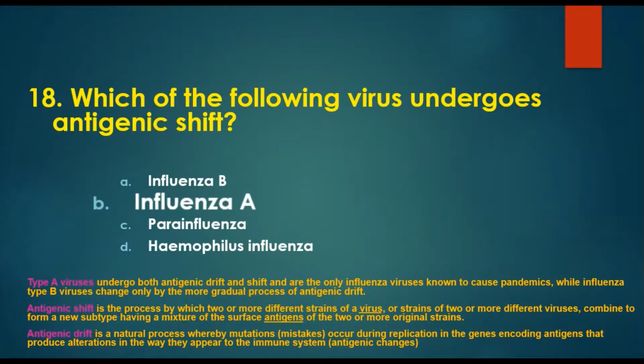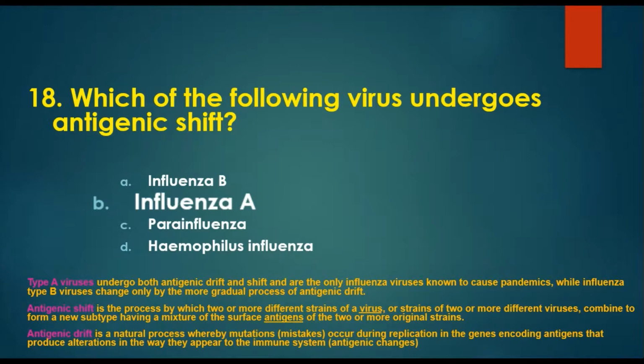Then what are drift and shift? Antigenic shift is the process by which two or more different strains of a virus, or the strains of two or more different viruses, combine to form a new subtype having a mixture of surface antigens.